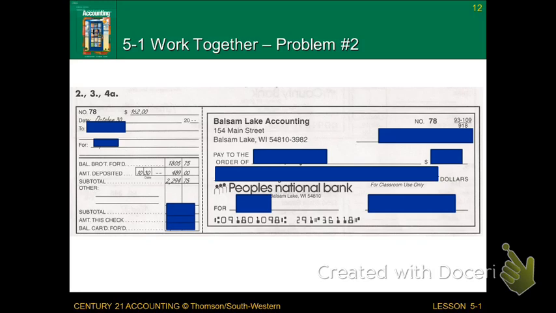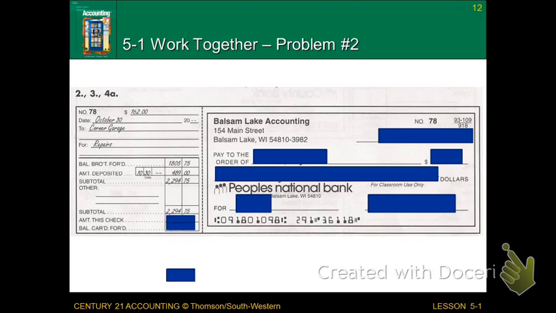So on the top line, you would write the amount for $162, the date, which would be October the 30th, and this is being written out to our customer corner garage, and they must have made a repair for us because it says to write the check for a repair. Okay, so the question you should ask yourself is, is there enough money in this bank account to write the check for $162? And if we look at our subtotal, we have plenty of money to write that check for.